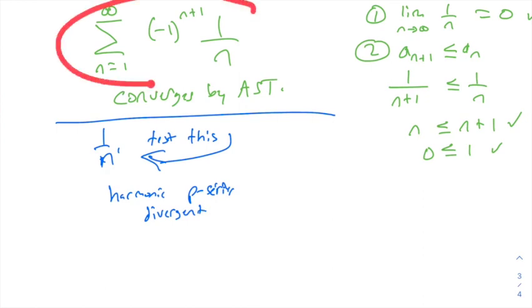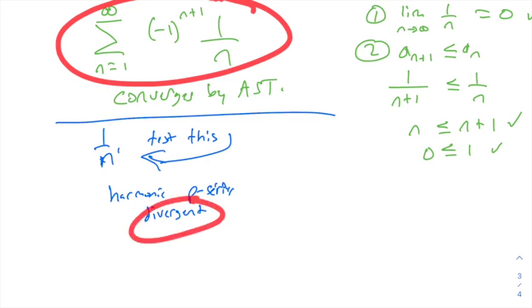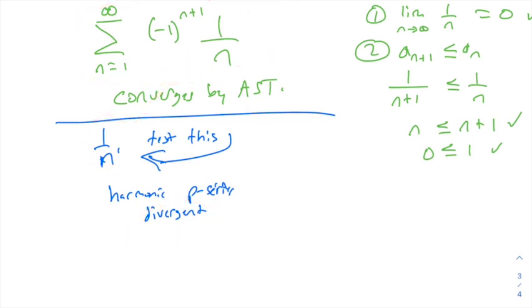Now, that doesn't change our original alternating series to divergent, but a divergent non-alternating part of our series means that our alternating series is conditionally, well, I'll tell you, let's call this a sub n. So a sub n is conditionally convergent.